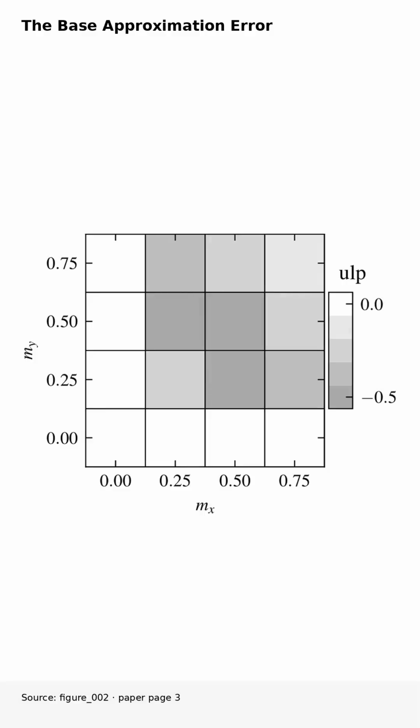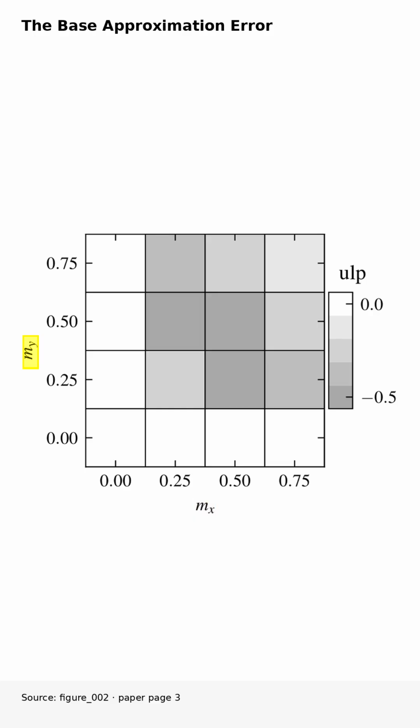While operating in the logarithmic domain saves space, it introduces an inherent mathematical error. This heat map plots that baseline approximation error for the E5M2 format before any rounding corrections are applied. The horizontal axis, M subscript X, and the vertical axis, M subscript Y, represent the fractional mantissa values of the two operands.